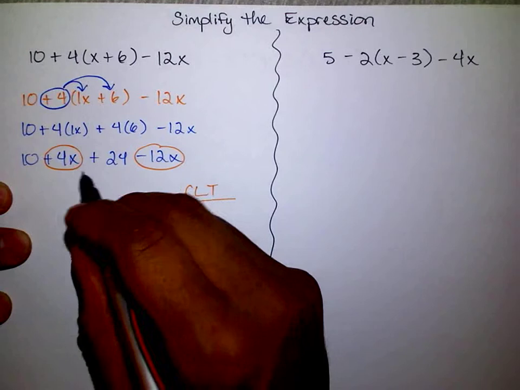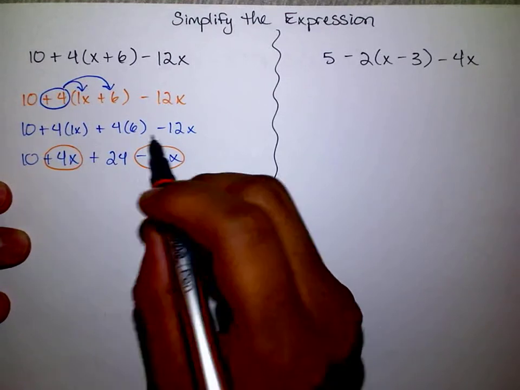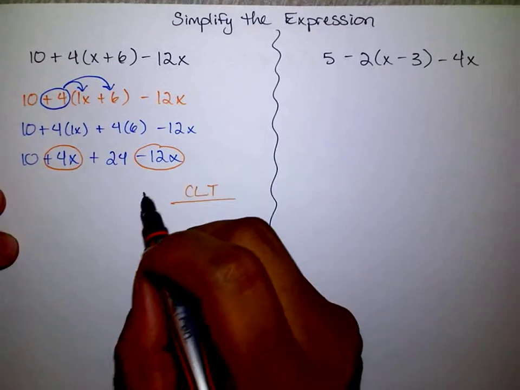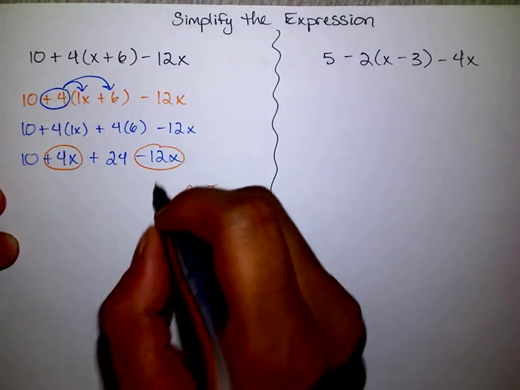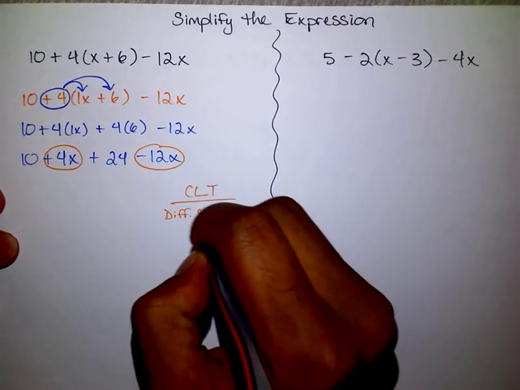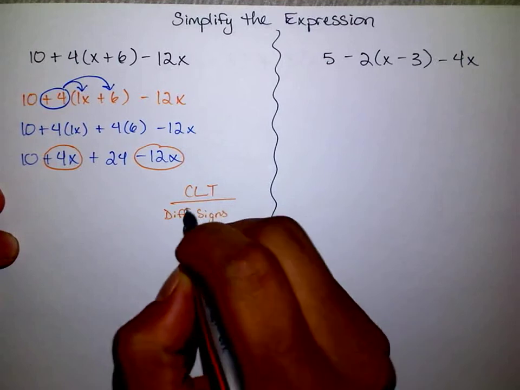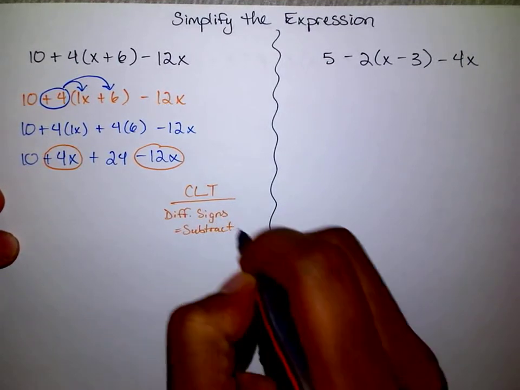Now, with these two here, we have a positive and a negative, and the saying goes, like signs add them up, different signs subtract. These are different signs, so I'm going to subtract here. Alright. Different signs subtract.